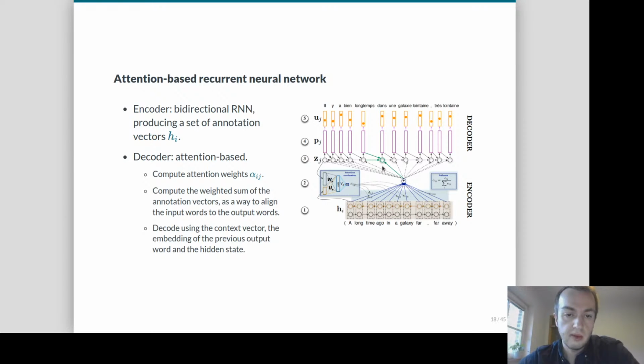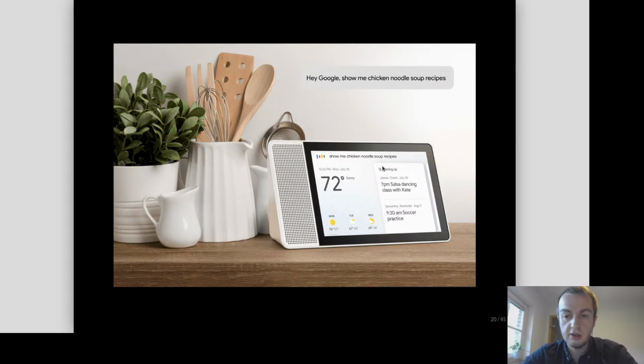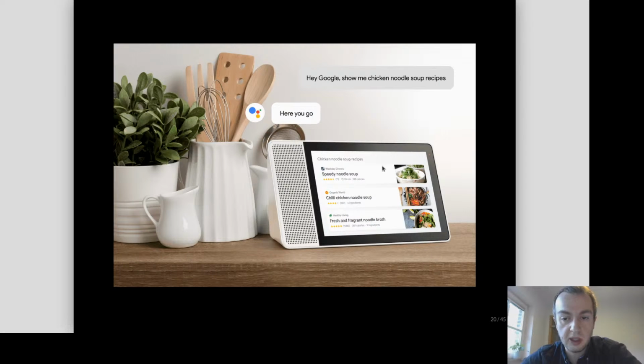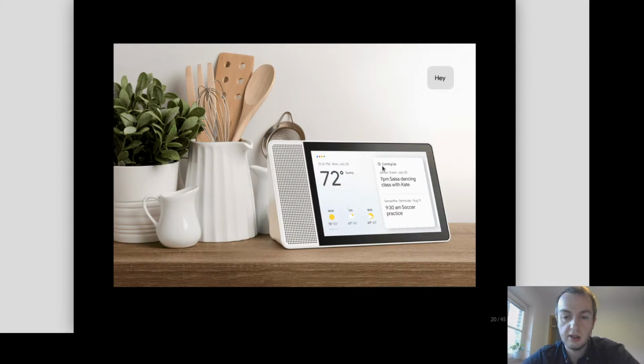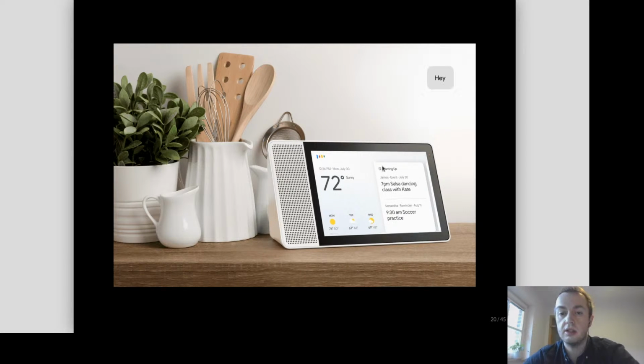Right. So now let's move on to our second task, which is the one of speech recognition. So in speech recognition, what we'd like to do, for example, is to be able to talk to a machine by really talking to it, and then we would like it to understand what we are saying.